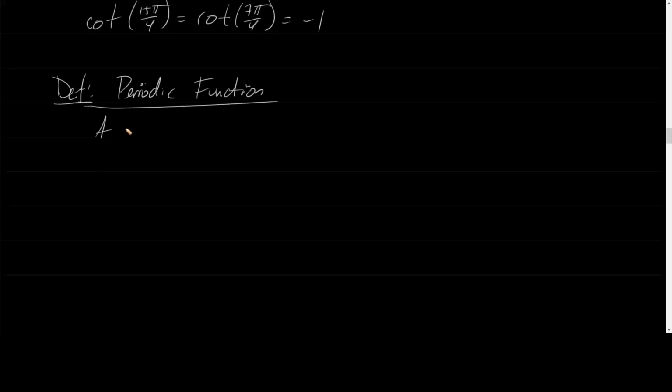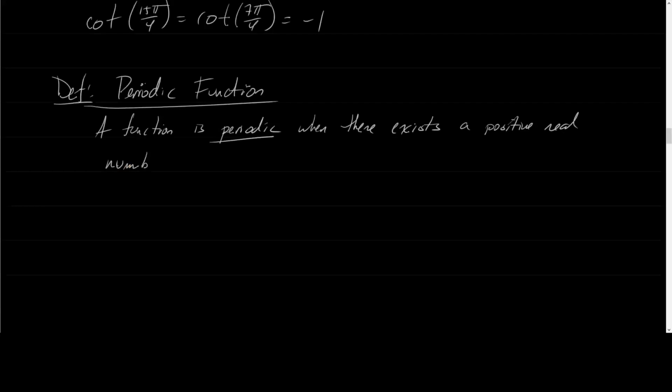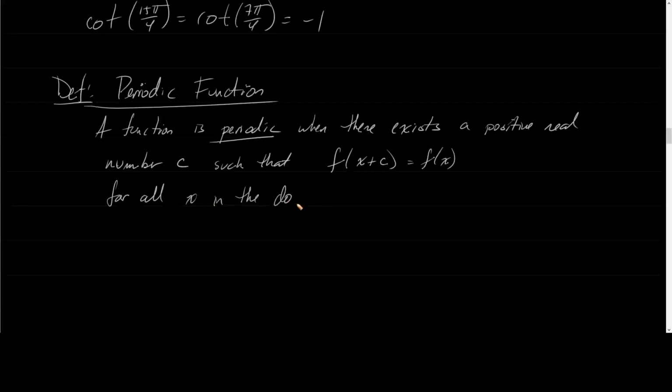So a function is periodic when there exists a positive real number c such that f of x plus c is equal to f of x for all x in the domain of f.